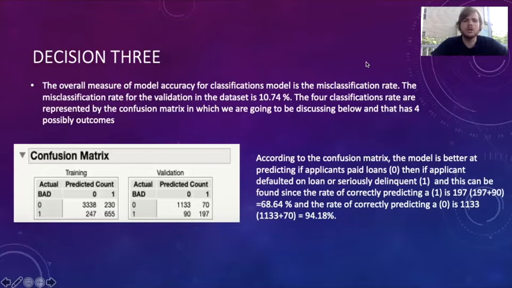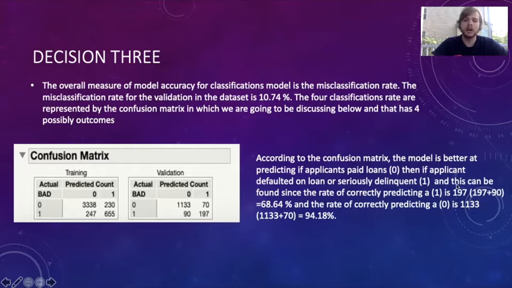The overall measure of model accuracy for the classification model is the misclassification rate. The misclassification rate for the validation data set is equal to 10.74%. The four classification rates are represented by the confusion matrix, which we are going to take a look at now. According to the confusion matrix, the model is better at predicting if applicants paid loans than if applicants defaulted on a loan.